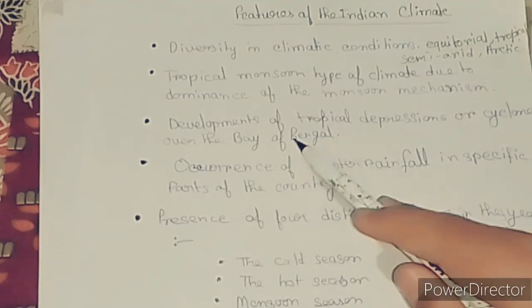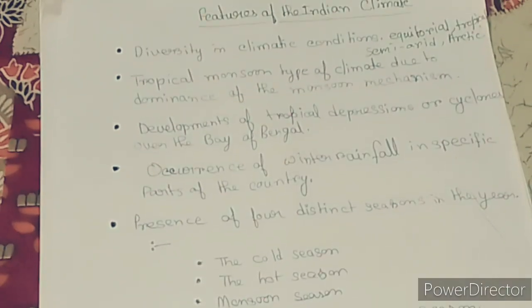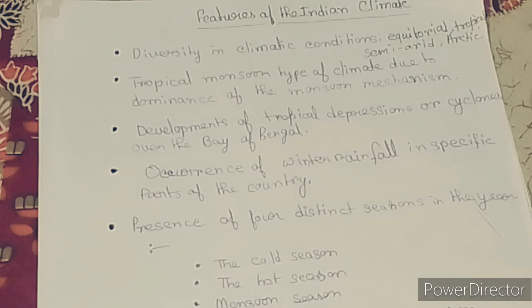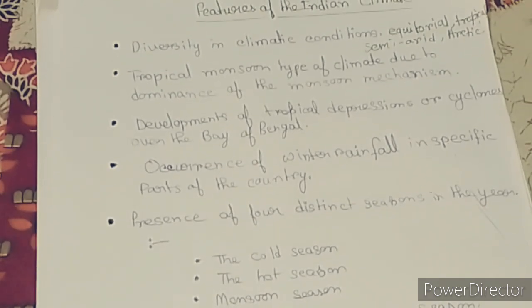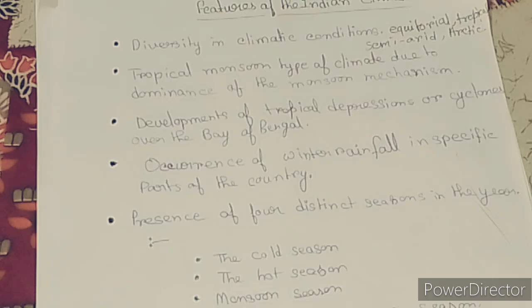Now, development of tropical depressions or cyclones over the Bay of Bengal. What do you mean by this? Towards the end of the monsoon season, cyclones may originate over the Bay of Bengal and Andaman Sea that bring heavy rains and storms along Andhra Pradesh.